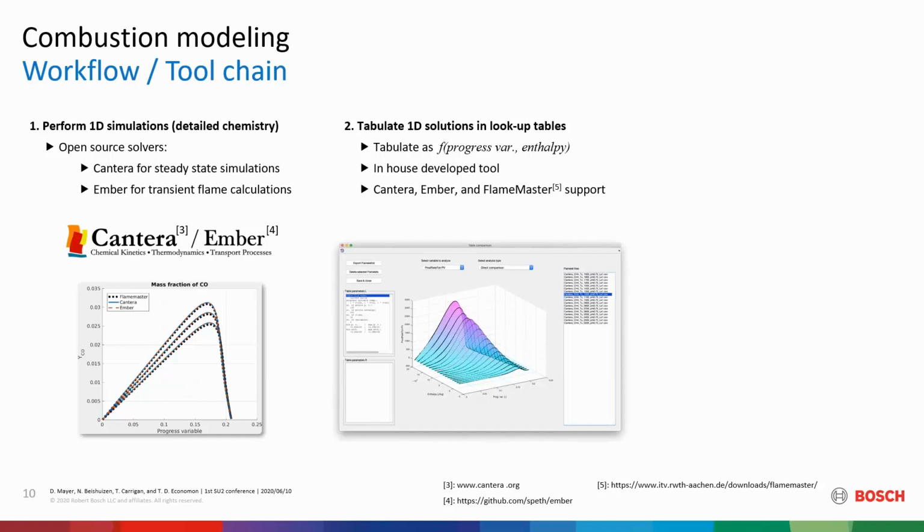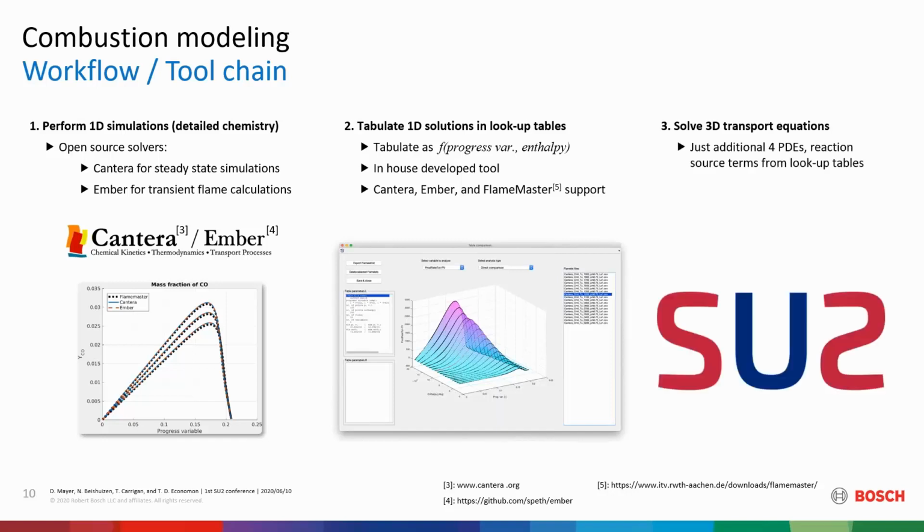FlameMaster is another 1D flame solver from academia. Then we load those tables into SU2 and run our 3D simulation. Instead of the 49 species, we only need to account for 4 additional scalars, which are the progress variable, enthalpy, mass fraction of CO and mass fraction of NO.